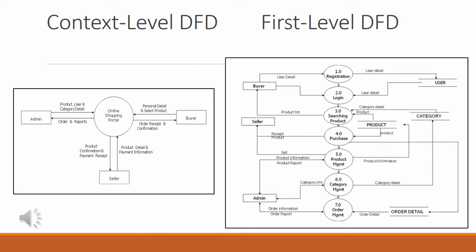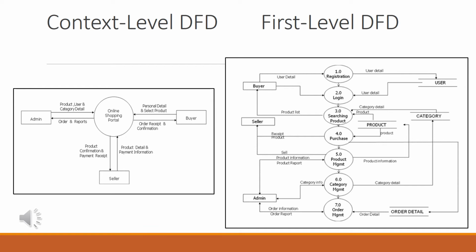On the other hand, when we decompose this 0 level DFD one step deeper, that becomes the first level DFD. As you can see in the picture also, the context diagram is decomposed into multiple processes. That is, the single process that we have used in the context level diagram is decomposed into multiple processes.